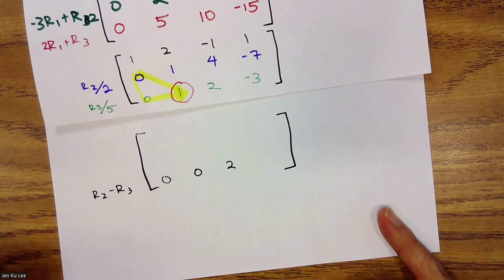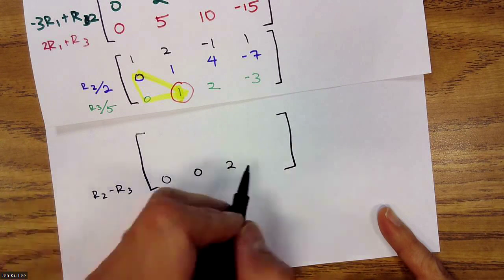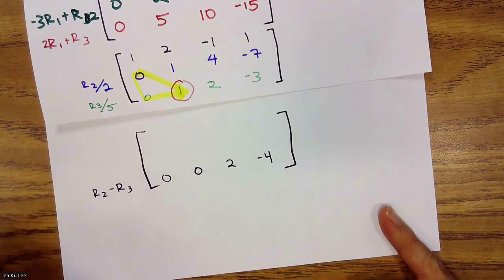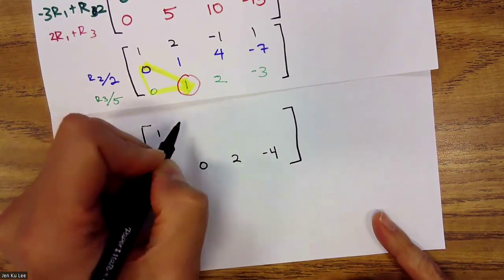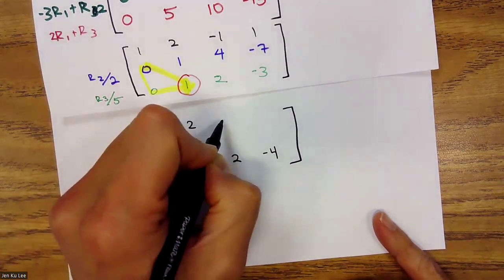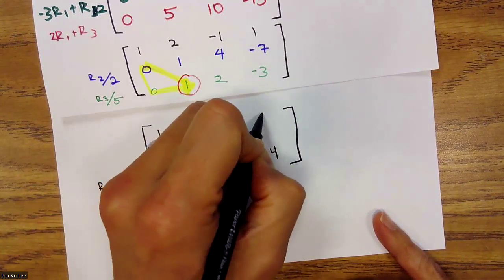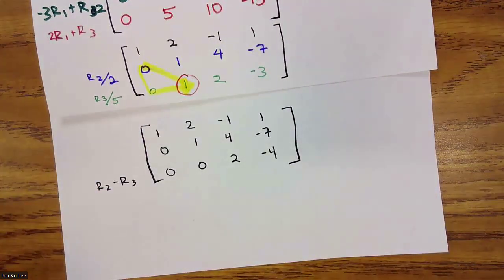And -7 minus -3, that's a +3, so that's -4, right? And just rewriting first two, yeah, that would be it, right?